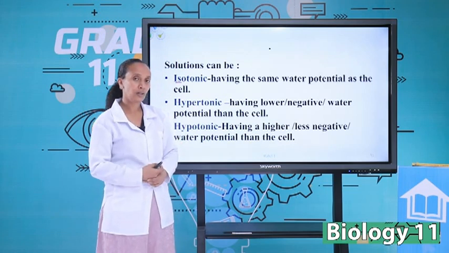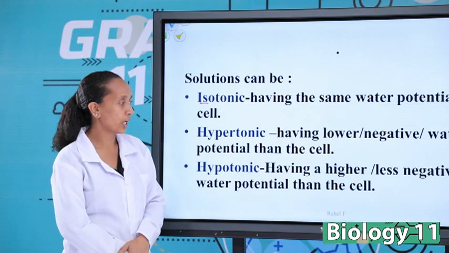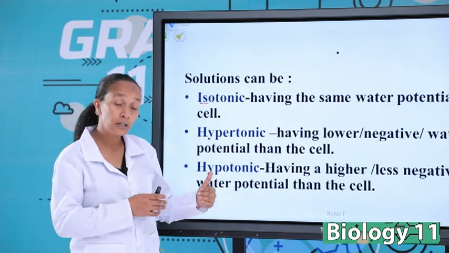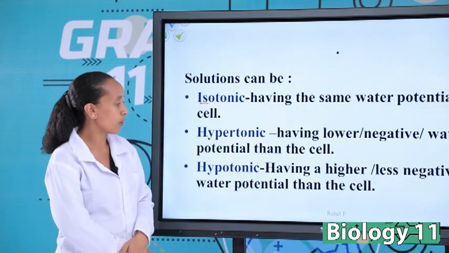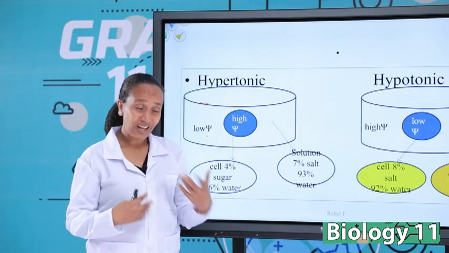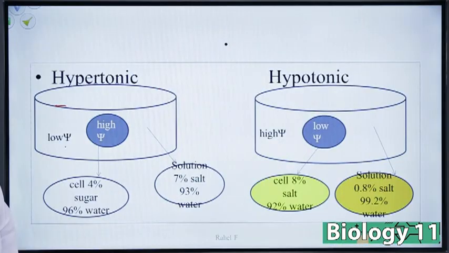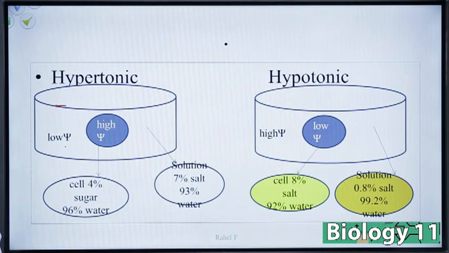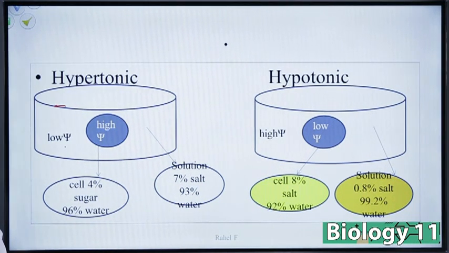In this case, again, the water potential difference between the cell and the solution determines the movement of water. For more understanding, let's look at these two diagrams to understand the process of osmosis in hypertonic solution and in hypotonic solution.